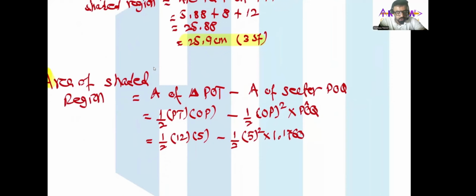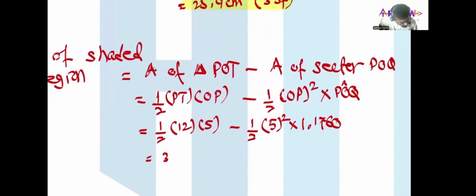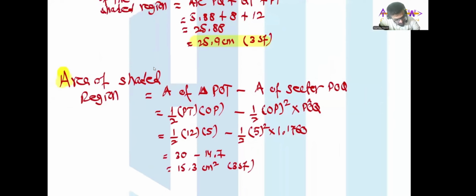So 12 times 5 divided by 2 is 30, and then you subtract the area of sector: 5 square multiplied by 1.1760, divided by 2, which is 14.7. So 30 minus 14.7 is 15.3 centimeter square, correct to three significant figures. Here is the area of the shaded region.